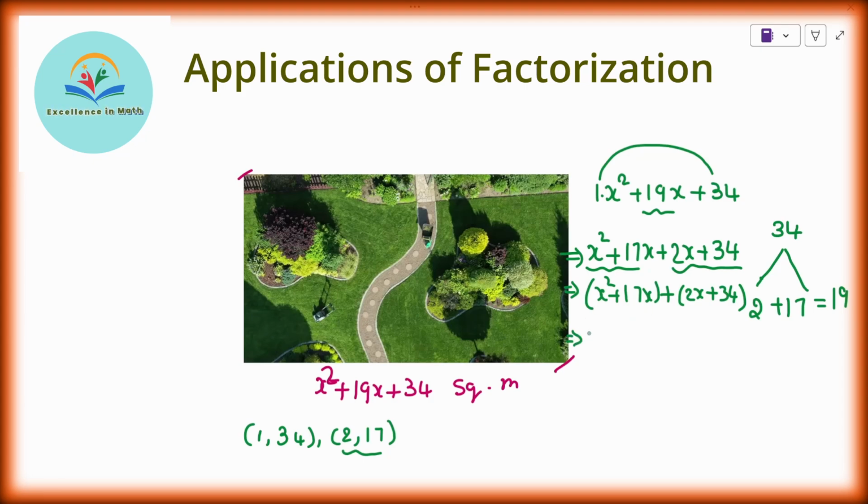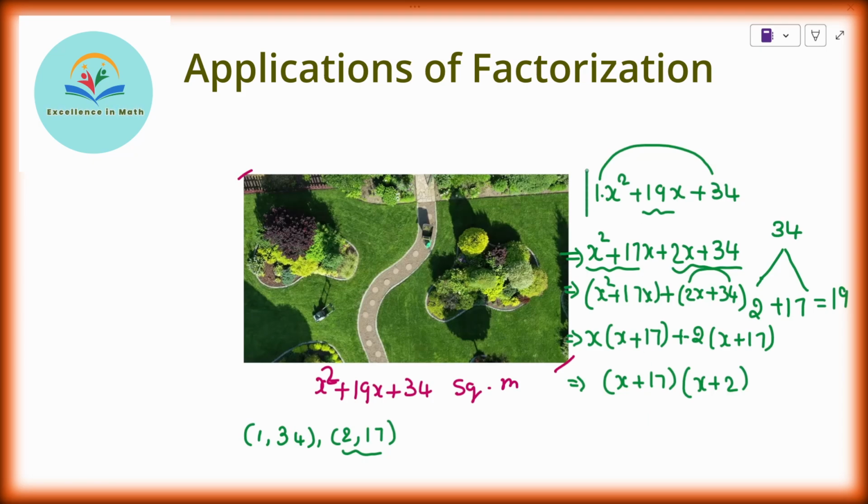Now, will you be able to find a common factor in the first group? Yes, of course, that is x. If I take x as common, I can write the expression as x times (x plus 17). Similarly, 2 and 34 are both even numbers, so we can take 2 as a common factor and write this as 2 times (x plus 17). Now, if I take the common factor (x plus 17) out, I am left with the expression (x plus 2).